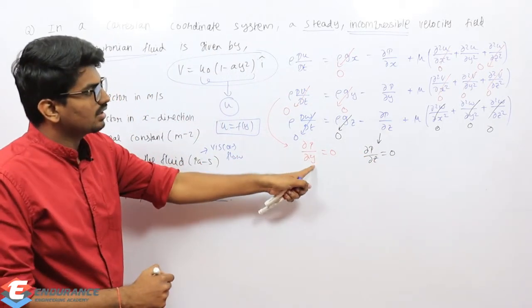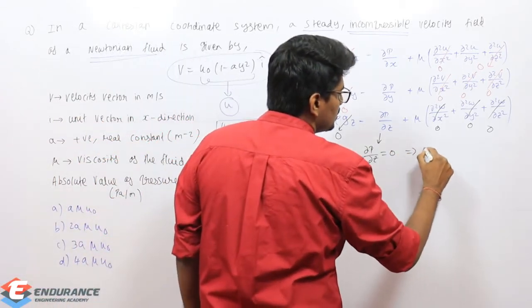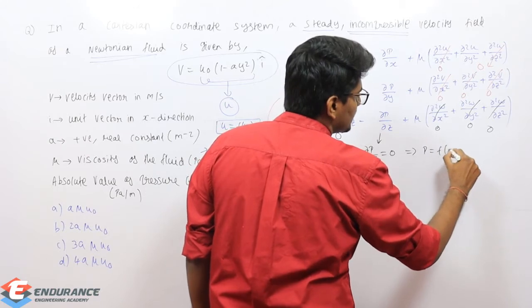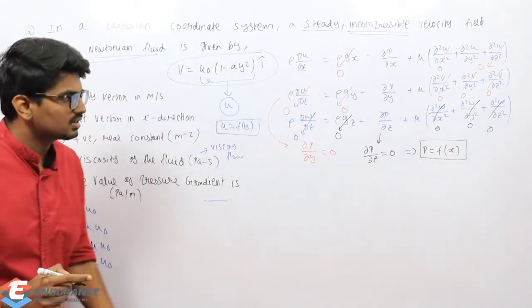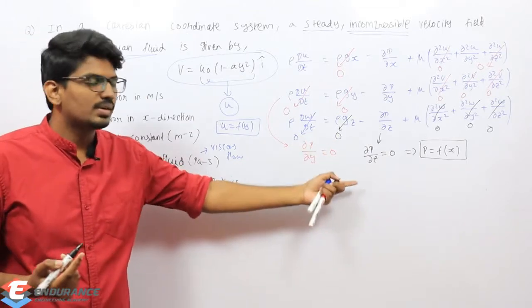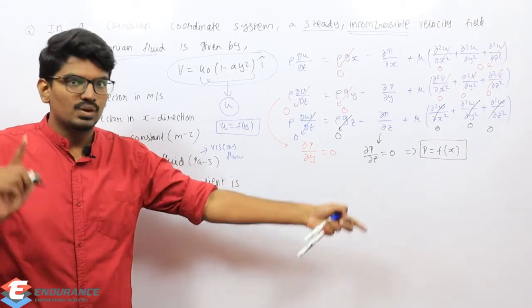So p is not a function of y, p is not a function of z, so p should be only a function of x. Am I right? P is not a function of y because dou p by dou y is 0, and dou p by dou z is 0, so p is not a function of z, so p should be a function of only x.